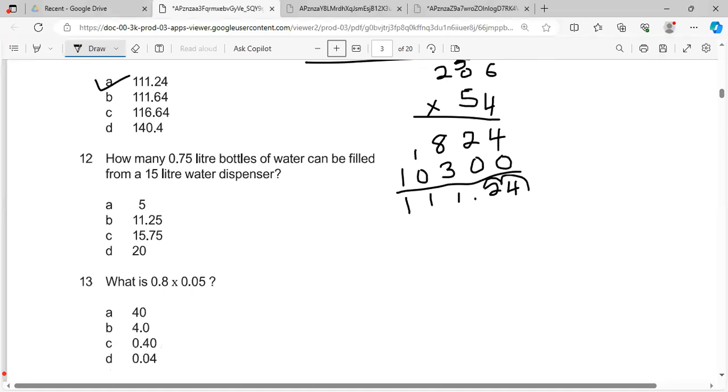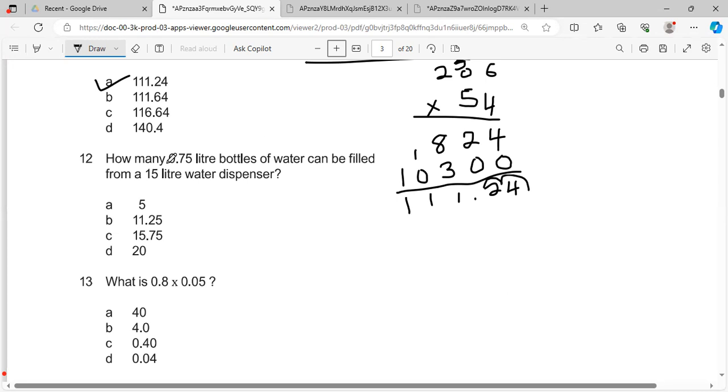How many 0.75 liter bottles of water can be filled from a 15-liter water dispenser? We could try it if we want, or we could just ignore it. What you guys, you want to try? No, sir. Skip.